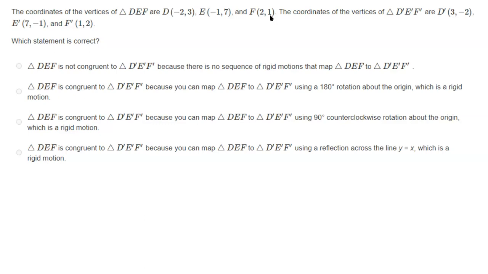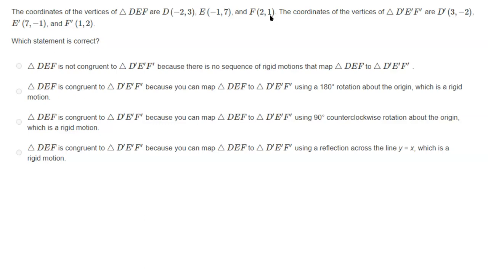Or is triangle DEF congruent to triangle D prime, E prime, F prime because you can map DEF using a 90-degree counterclockwise rotation about the origin? Or is this not a rotation at all? Is it a reflection across the line y equals x?